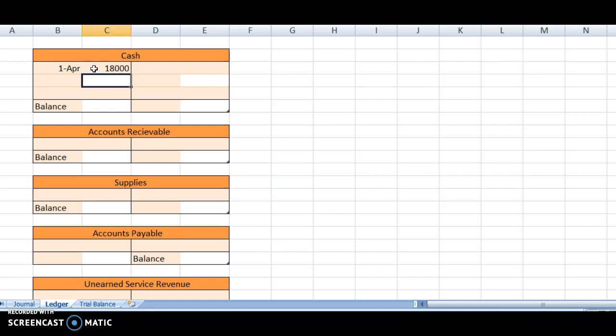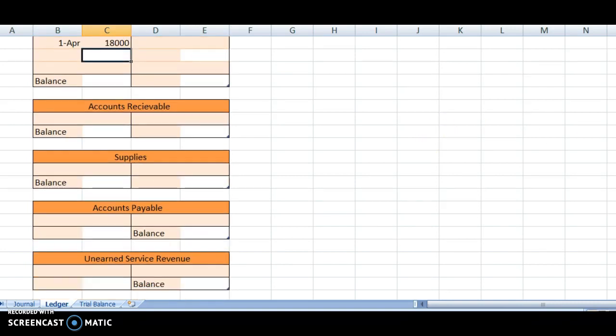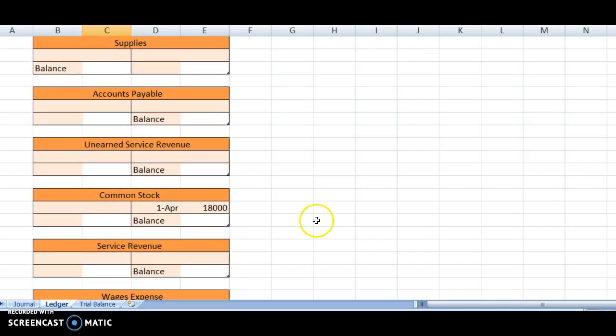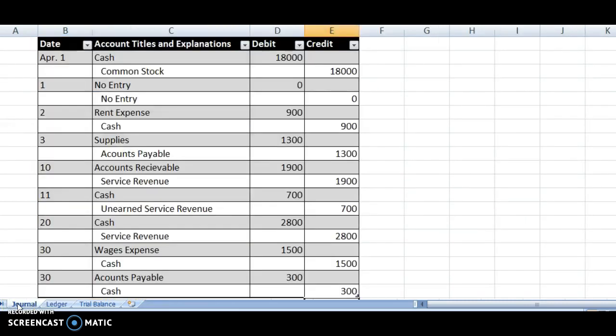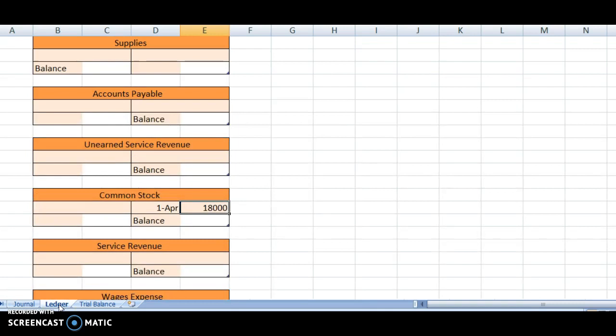$18,000 debited. And then down to common stock, April 1st, credited $18,000. Next, we have a no entry, so we don't have to move that to the ledger. And then rent expense debited and cash credited $900.